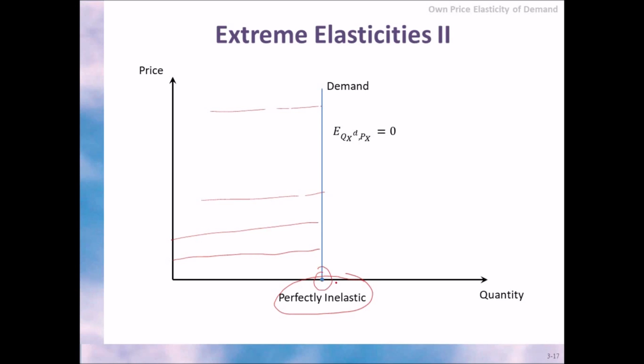It does not change. Later I'm going to explain more about this in chapter 8. So in other words, there are 5 types of elasticity under own price: elastic, inelastic, unitary, perfectly inelastic, and perfectly elastic.